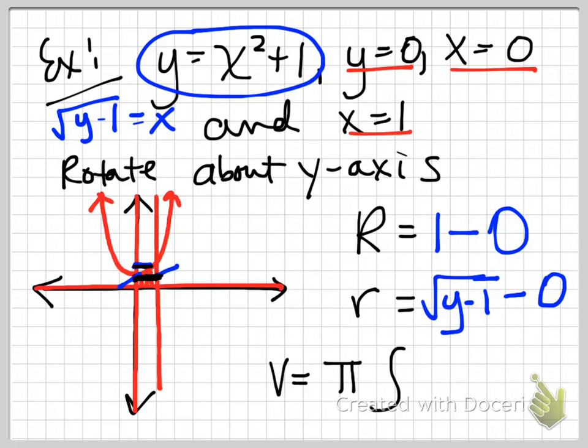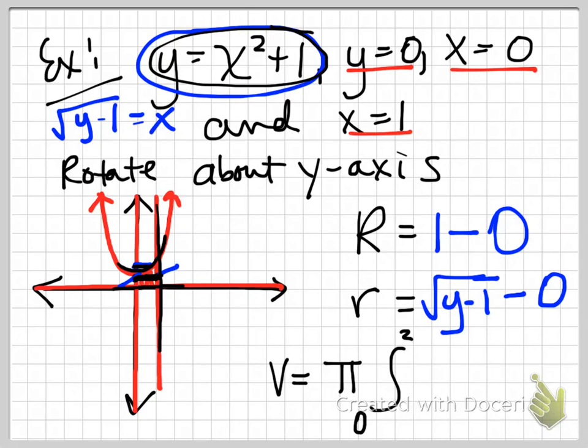So now we know that our y bottom boundary is going to be 0. Our y top boundary is going to be where this curve intersects this line. So in other words, where x is equal to 1 will give us our y value. So the bottom y value is 0. The top y value when x is 1, if you go back to this curve up here, is actually going to be a 2.